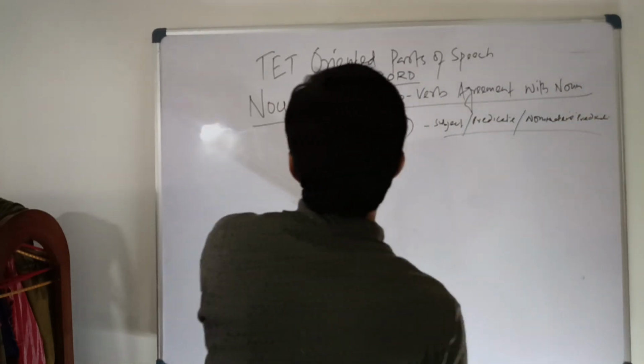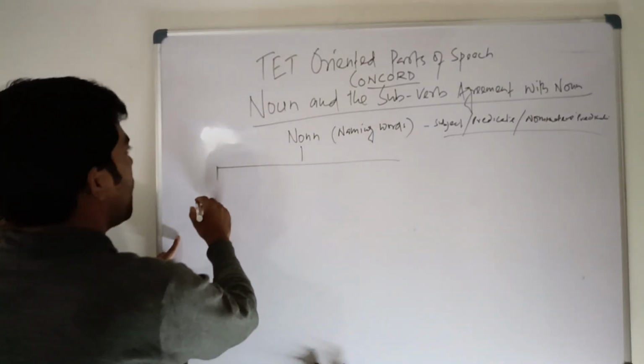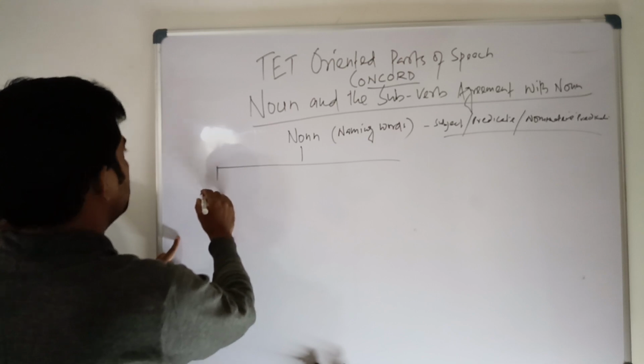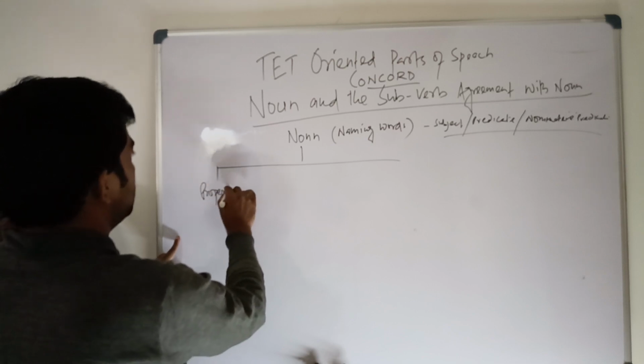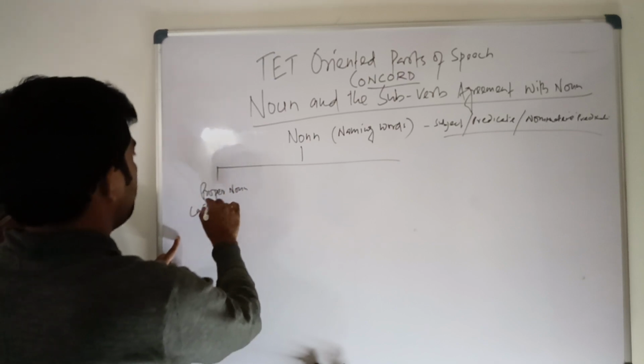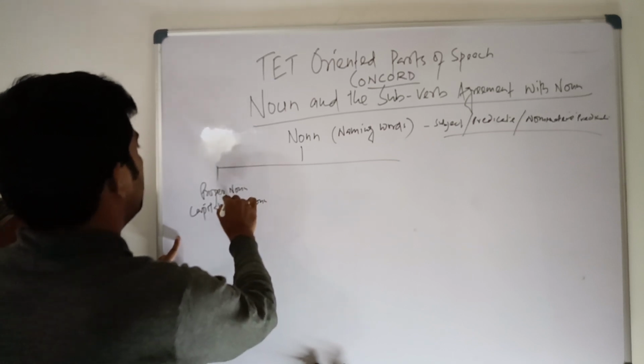All right, so nouns are mainly 3 types. What are they? Proper noun or capital letter noun.